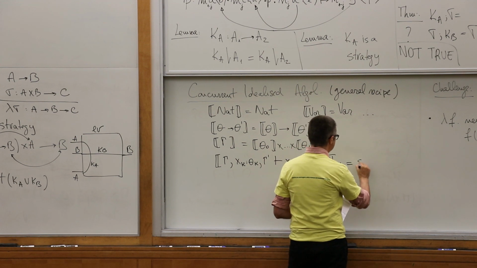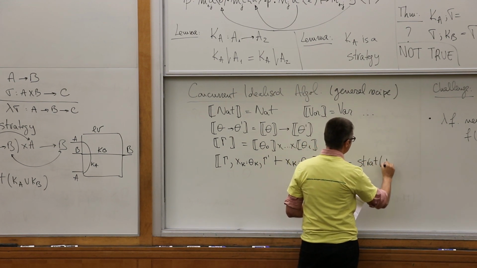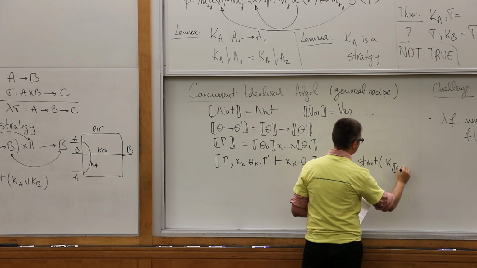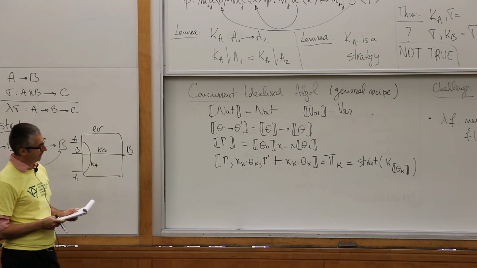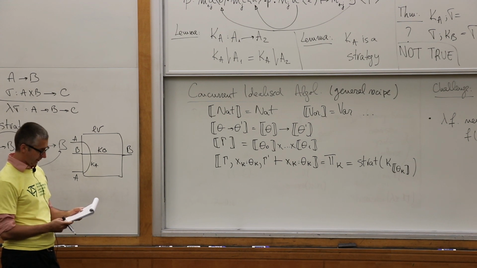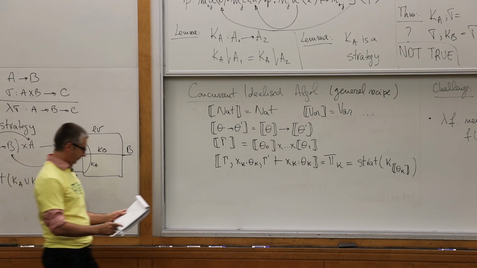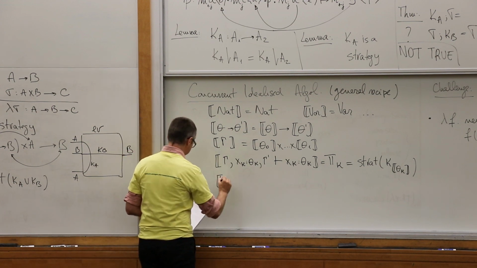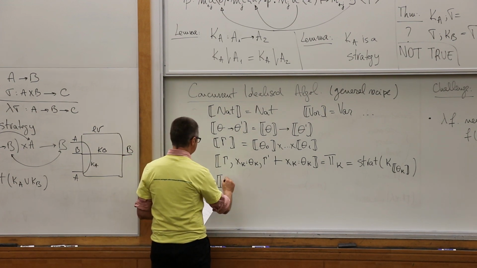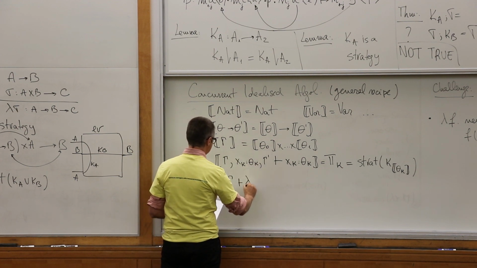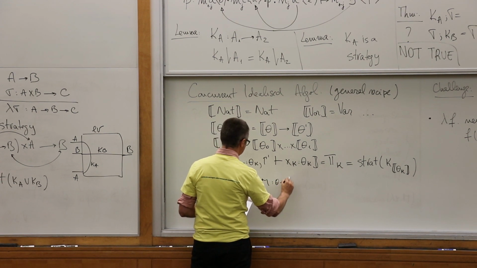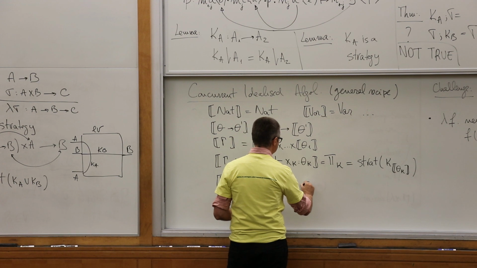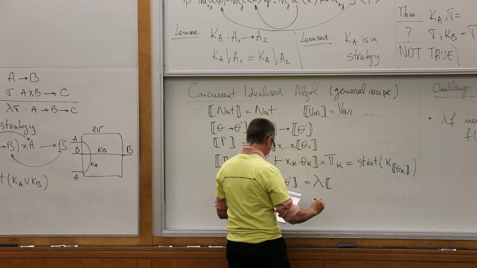Or, concretely speaking, the Lee strategy that has the identity, the copycat on the kth component. Function application. Well, let's do abstraction first because it's easier. This is interpreted using transposing, using transposition.